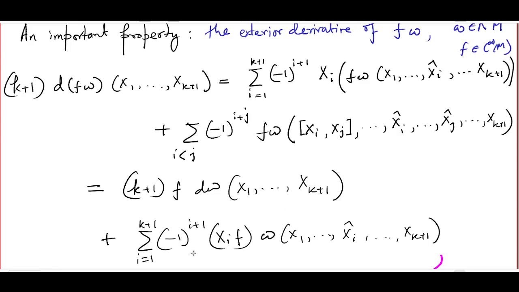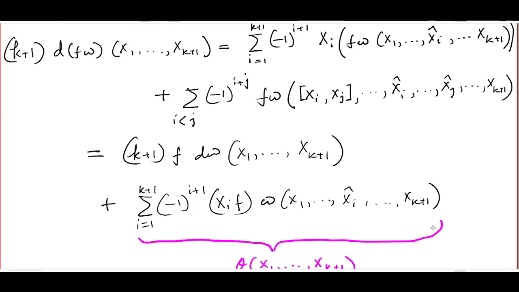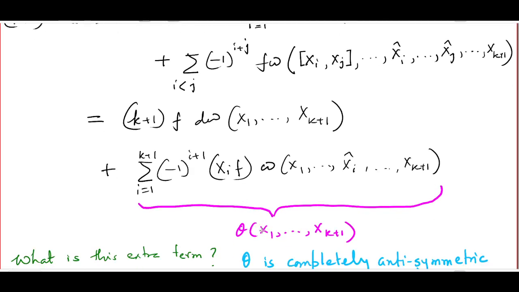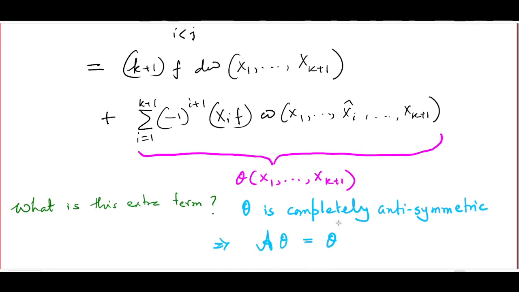And that means that the remaining term, our theta, is also completely antisymmetric on all the arguments, simply because it's a difference of two terms which themselves are completely antisymmetric in each of the vector field arguments. Now, because theta is completely antisymmetric, if you apply the alternator operator on that, you must get theta back. This is going to be crucial to our proof.